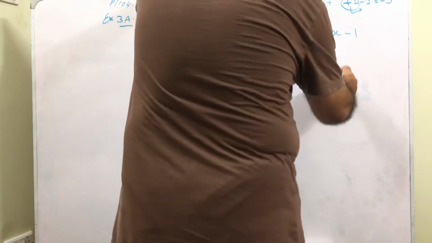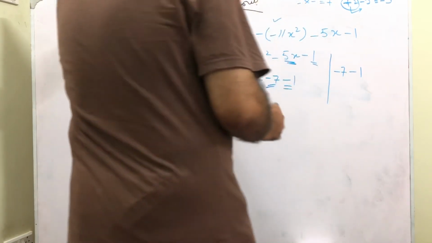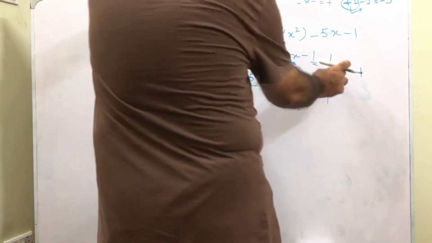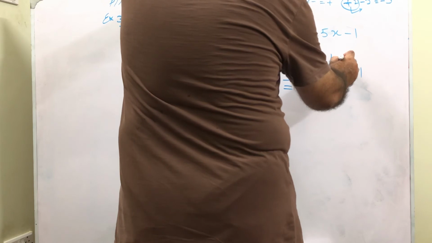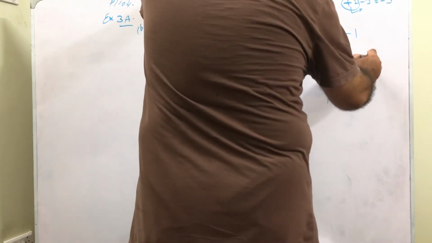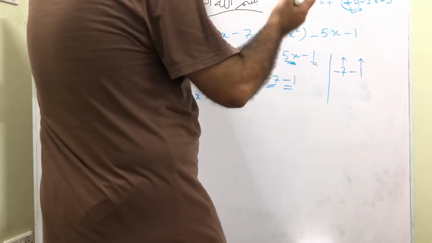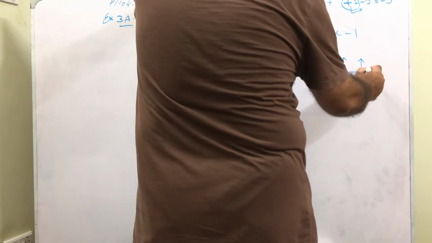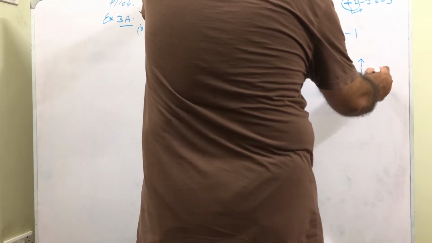This is minus 7 and this is minus 1. See how to solve minus 7 minus 1. Minus means that this is a loan you have taken from somewhere. So you took 7 rupees as a loan, then again you took 1 rupee as a loan. So your loan is now more. 7 plus 1, 8 rupees are the loan. For the loan we will put minus.